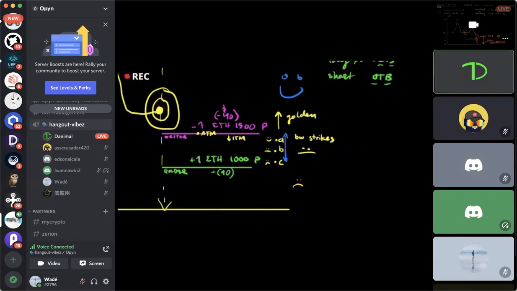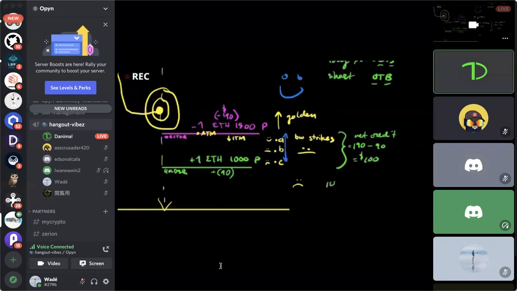So your net credit for this strategy would be 190 minus 90, which equals 100. So your break-even point, where you're kind of neutral about the strategy, is going to be $100 below the strike. So like you said, 1400 is your neutral point, right?